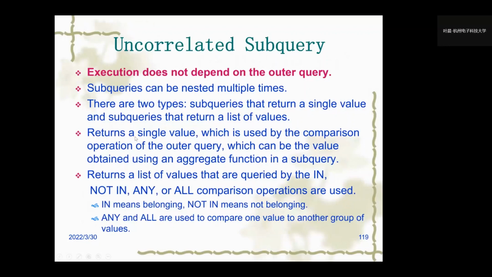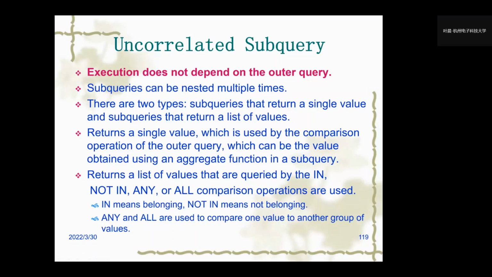If it returns a single value, it is used by the comparison operation of the outer query, and it can be the value obtained using an aggregate function in a subquery. For example, we can use count star or an aggregate function like min in a subquery, so we get a value as a result.